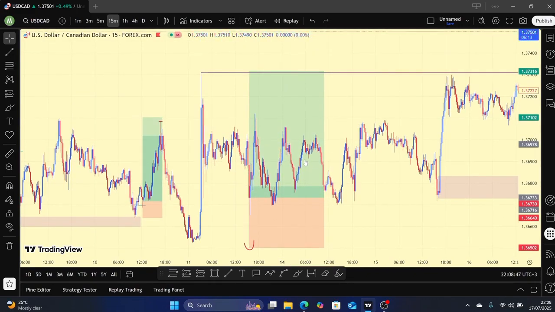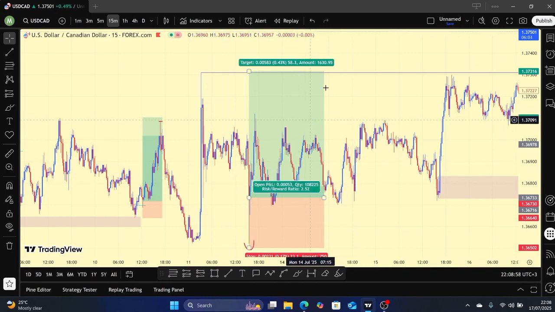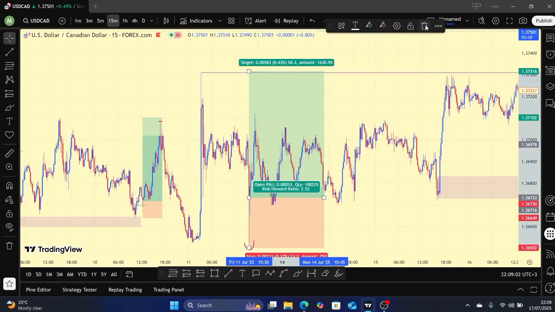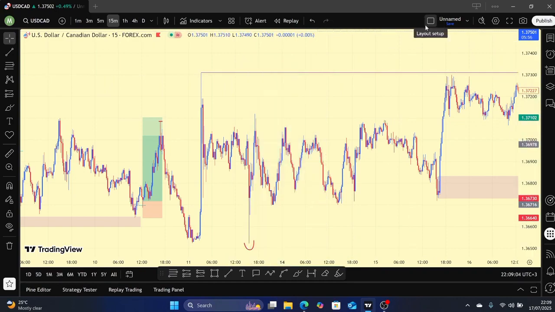In this case, it will give me a small risk to reward. I cannot wait for a lower time frame confirmation because the trading range is messy. So this is a 1 is to 2. It's not a bad risk to reward, but I usually recommend a risk to reward that is at least 1 is to 2.5, 1 is to 3, and all of that.